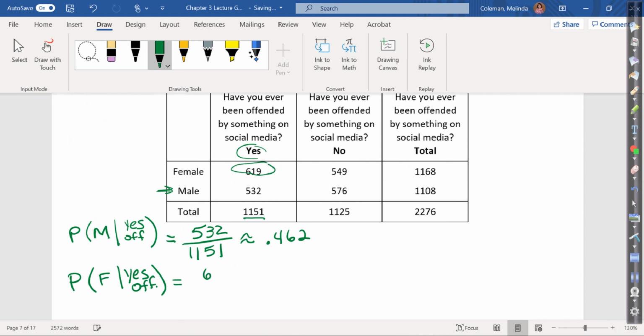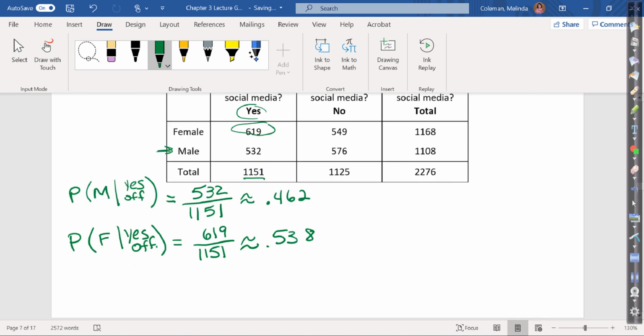So that would be 619 divided by 1151, which is approximately 0.538, which makes these two complements of each other. Complements, opposites.